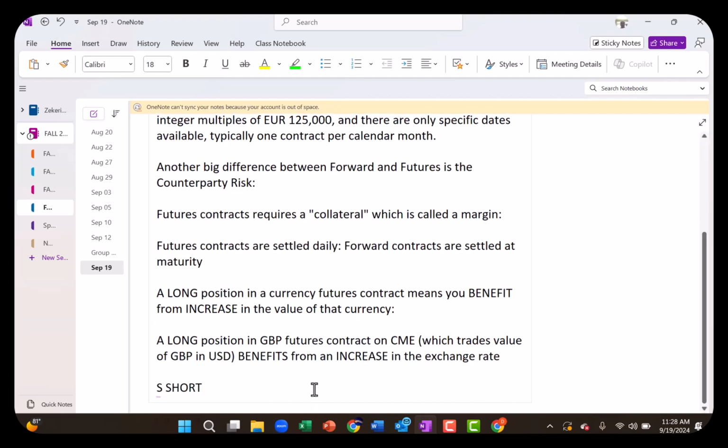A short position benefits from a decrease in the exchange rate.